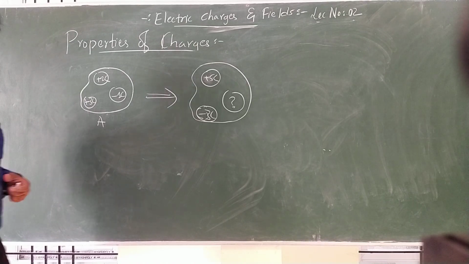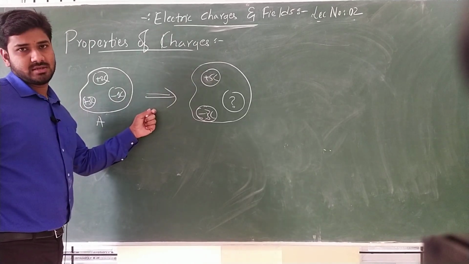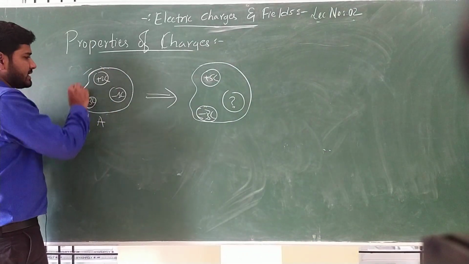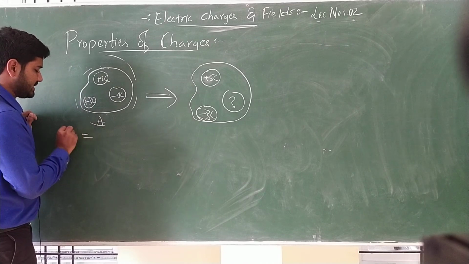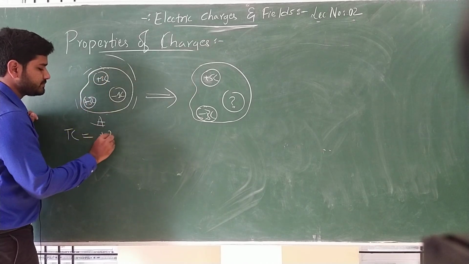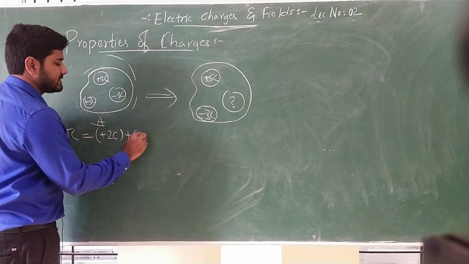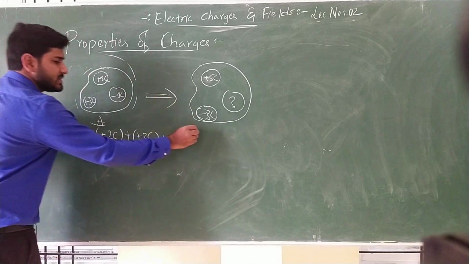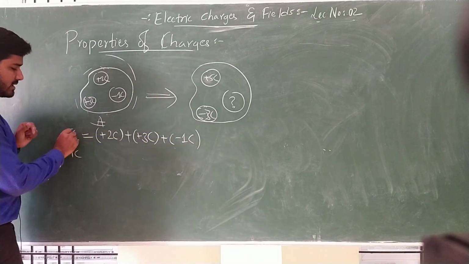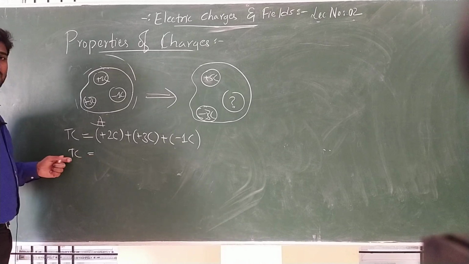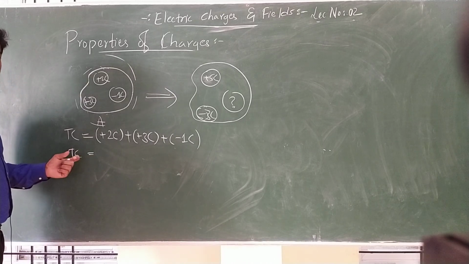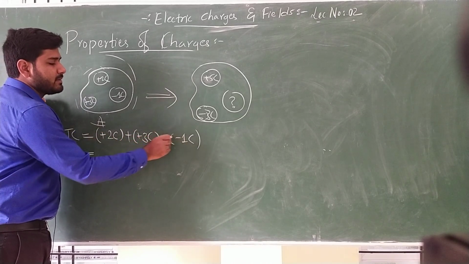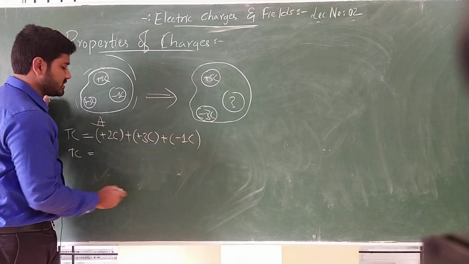Now they are asking what is the charge on this body. We know the conservation of charge. What does it tell you? The total charge of an isolated system is constant. So what is the total charge on this body? Total charge is plus 2 coulomb plus 3 coulomb plus minus 1 coulomb. Plus 2 plus 3 is plus 5, plus 5 minus 1 is plus 4.